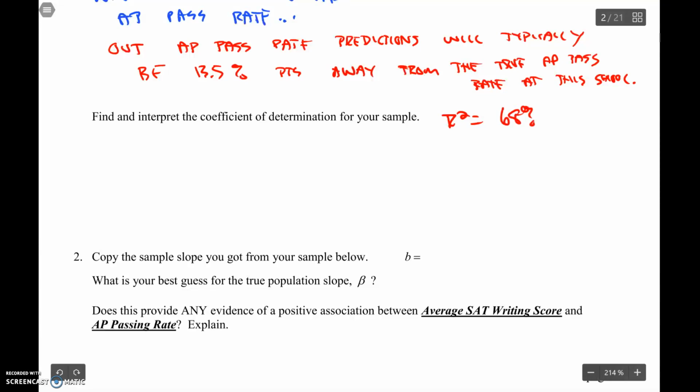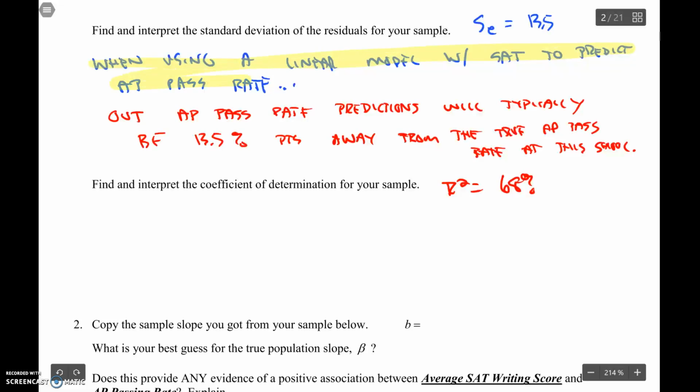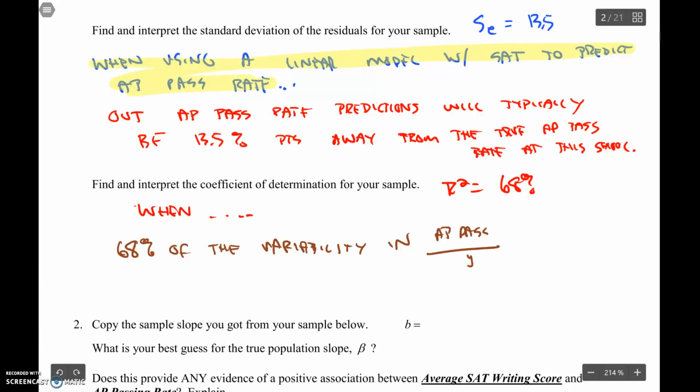So, the same kind of statement at the start: when using a linear model with SAT scores to predict AP pass rate, 68% of the variability in your y variable, AP pass rate, is accounted for by this model.